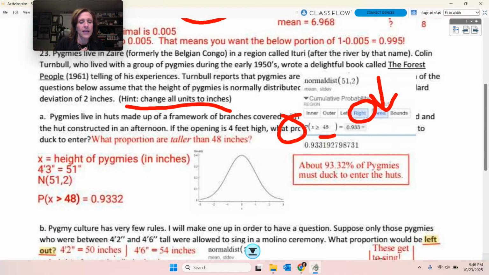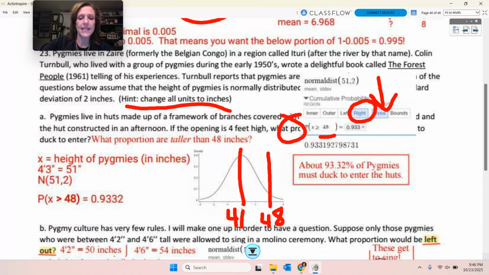The average height was 4'3", which is 51 inches, because that's 4 times 12 plus 3. Then it asked about, oh look, I didn't finish drawing the picture. If this is our average at 41, this asked about the proportion above 48.